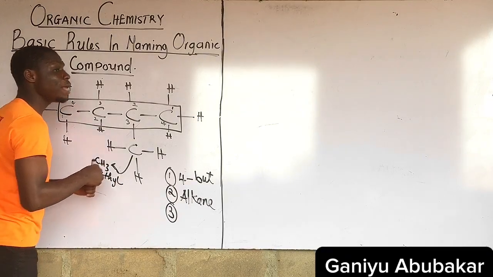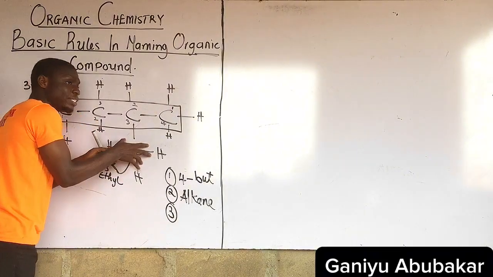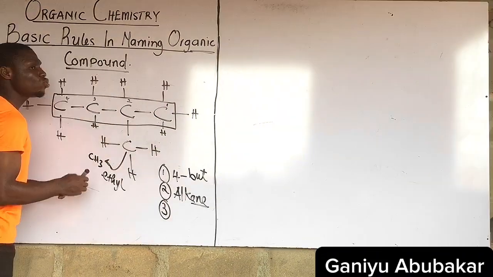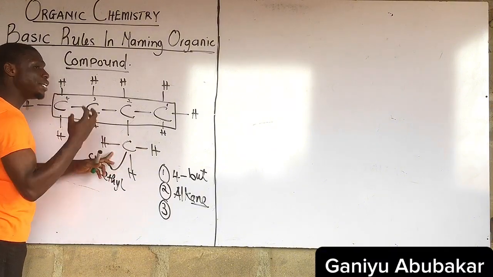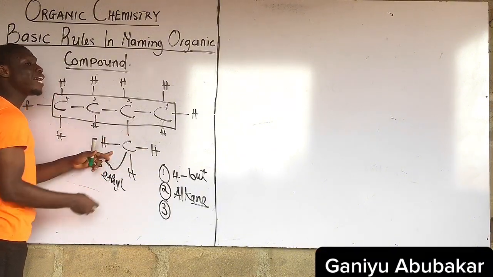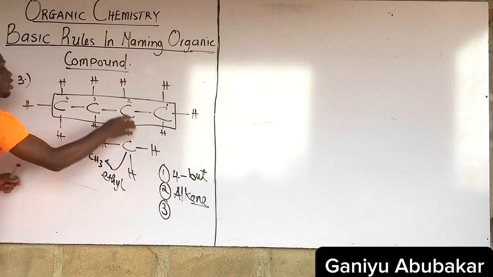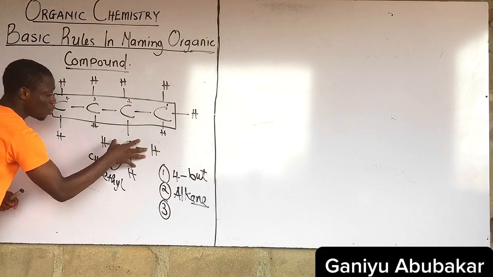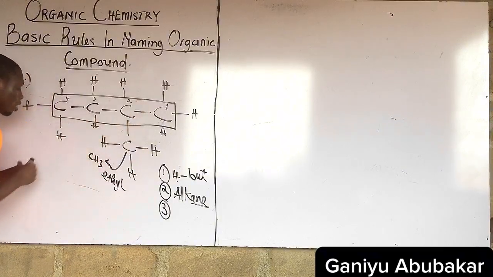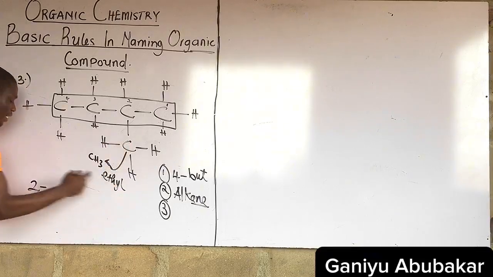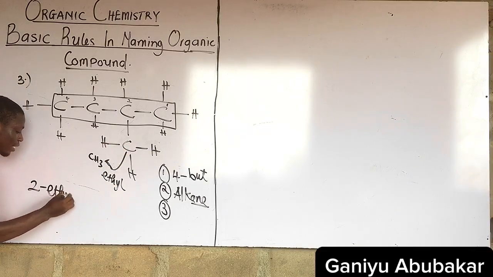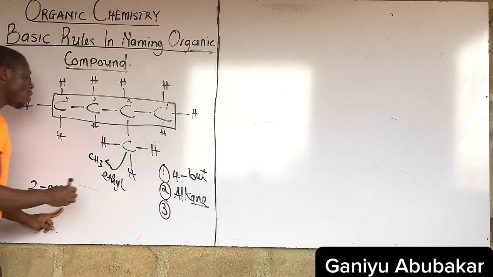So we're saying that to name an organic compound that has a substituent, name the substituent first by showing the position. This substituent here falls at position 2, so that becomes 2-ethyl.